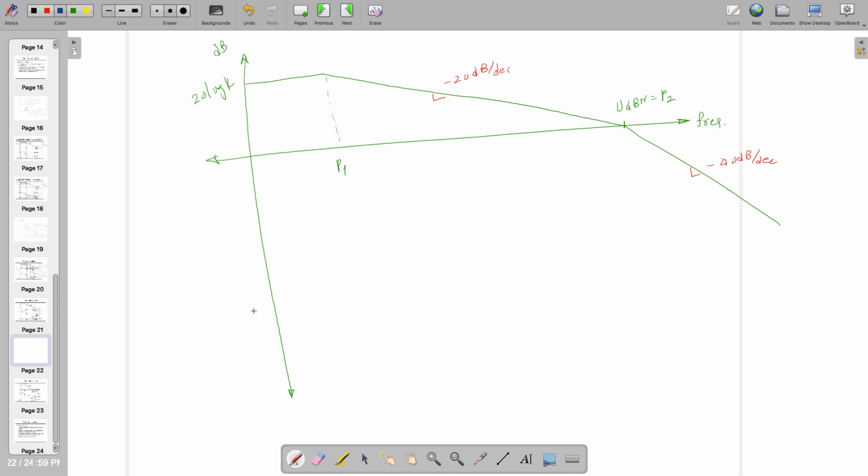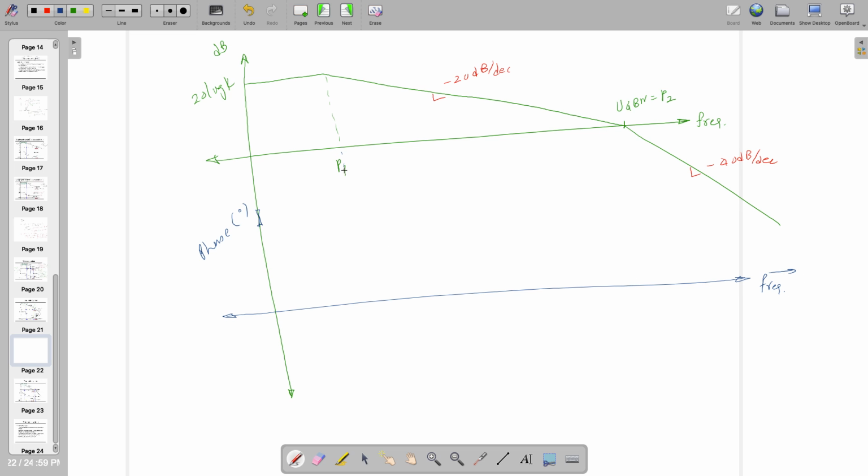Now I'm interested in drawing the phase plot. So phase in degree with respect to frequency, with a common frequency axis over here.